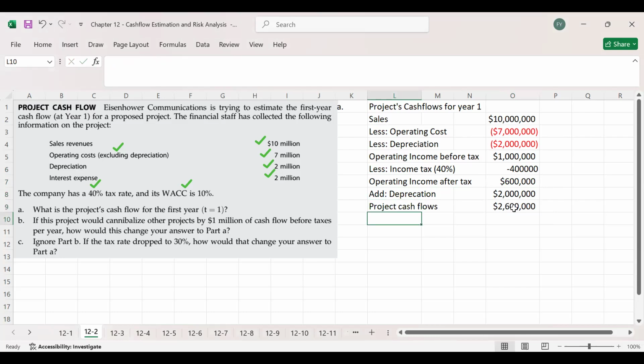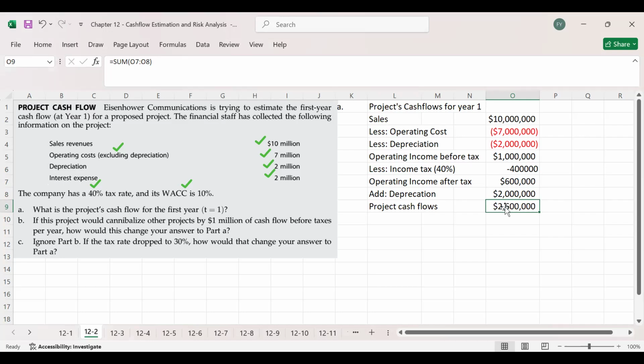So this is project operating cash flows because now we have not considered interest expense in all this calculation, because interest expense is a non-operating expense. So that's why we have not included this interest.